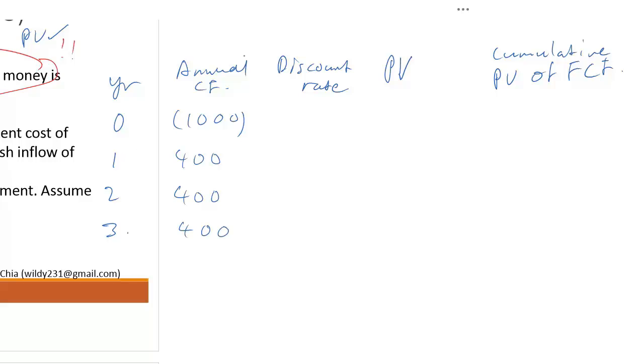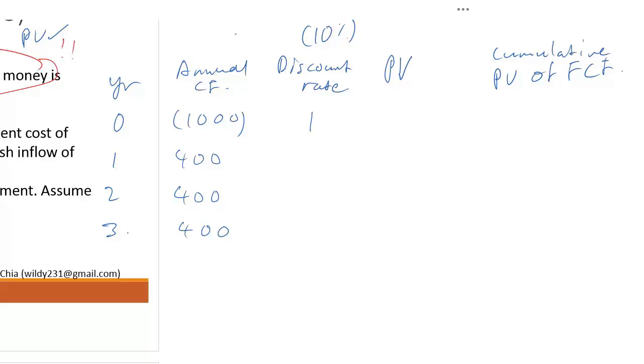The discount rate for year 0, which is the start of the project, is always 1. There's a reason for it due to a formula, but if you want, you could drop me a mail to ask how it is derived. Regardless of the discount rate, whether it's 10%, 20% or 15%, it is always 1 for year 0.